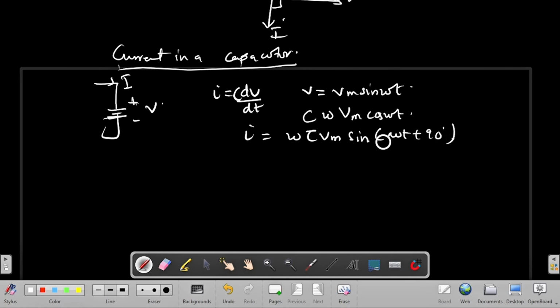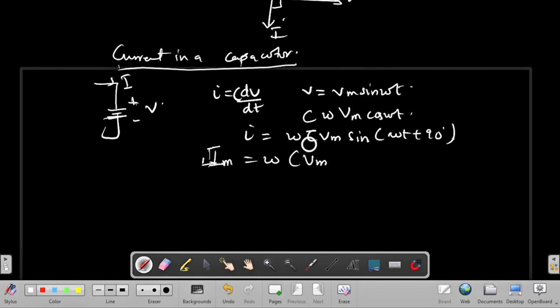At this point here, you can say that the current is now leading the voltage by 90 degrees. So in a capacitor, the current rather leads the voltage by 90. Okay, so you can say that my Im is simply equal to omega C Vm from here.